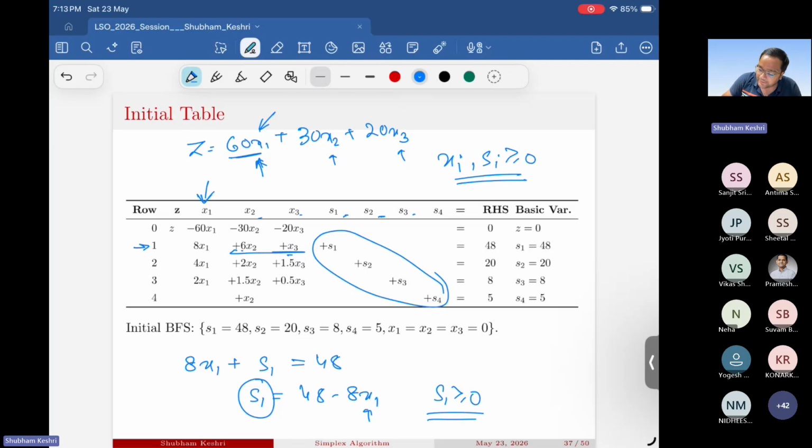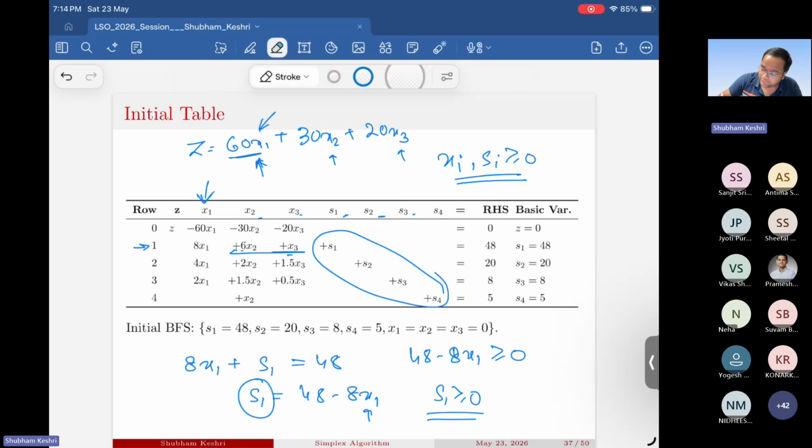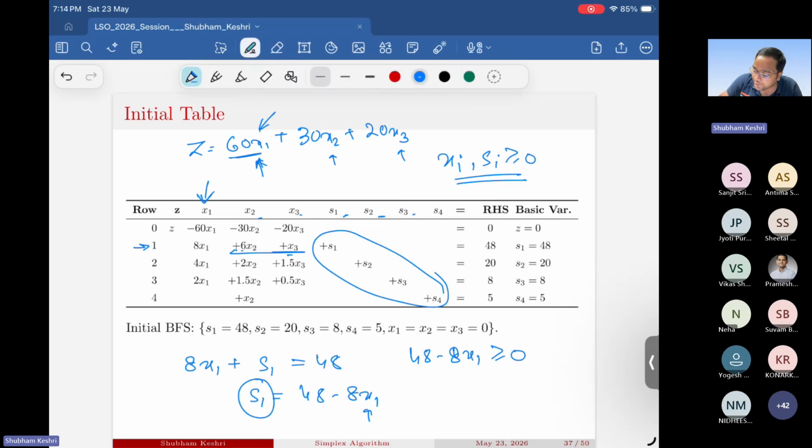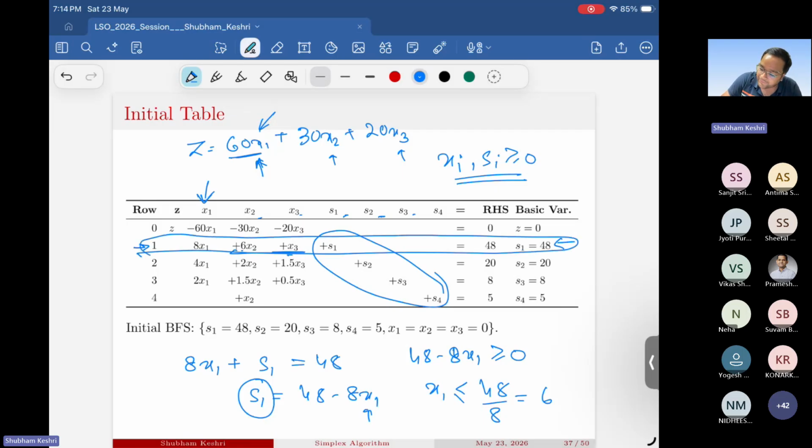So 48 minus 8x1 should be greater than or equal to 0. You cannot increase x1 further. So this way you can identify the value of x1 you can have for the first equation. It will be less than or equal to 48 by 8, which is 6. So to satisfy the first equation and keep s1 non-negative, x1 can take at most 6.